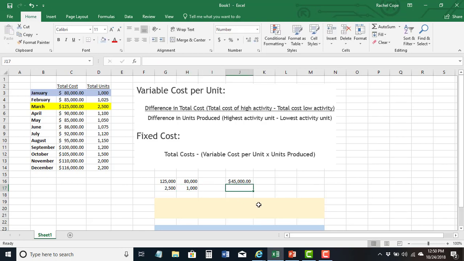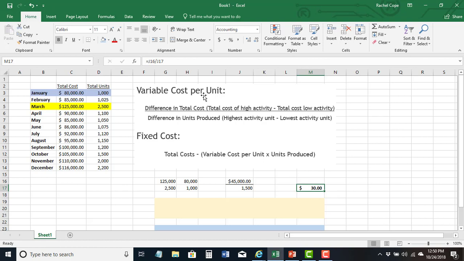So the difference between those two units of production was 1,500. So if we take the difference in total cost, which was 45,000, and we divide it by the difference in units produced, we have 45,000 divided by 1,500 units. So we come up with a $30 variable cost per unit.